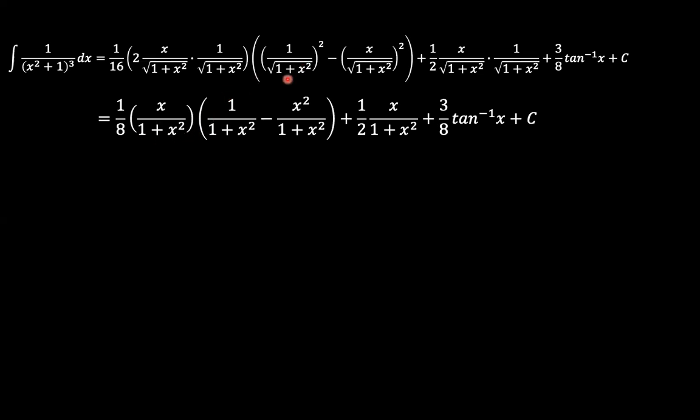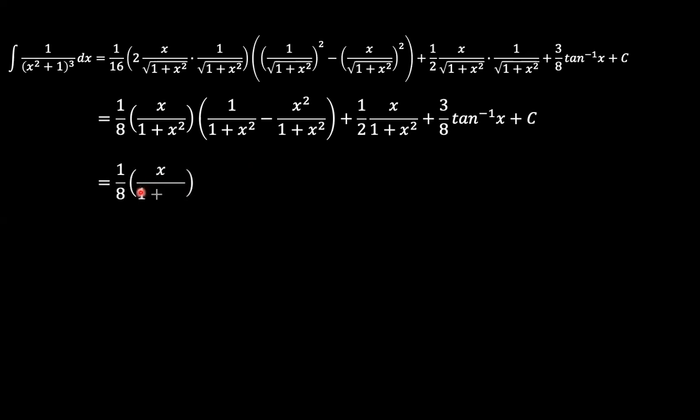And then here this term squared becomes 1 over 1 plus x squared, minus this term becomes x squared over 1 plus x squared. And then here the numerator x times 1 is x. Square root of 1 plus x squared times square root of 1 plus x squared becomes 1 plus x squared. And so plus we have 3 over 8 arctangent of x plus the integration constant c.